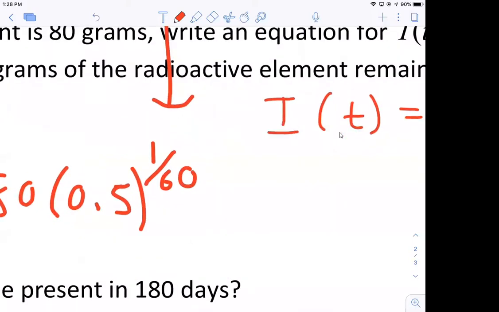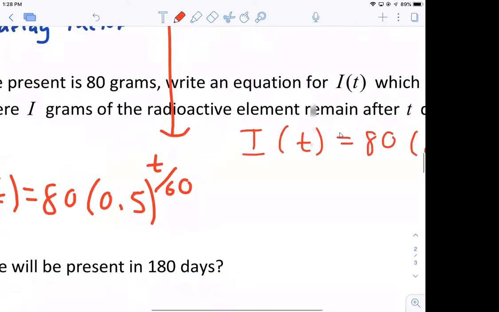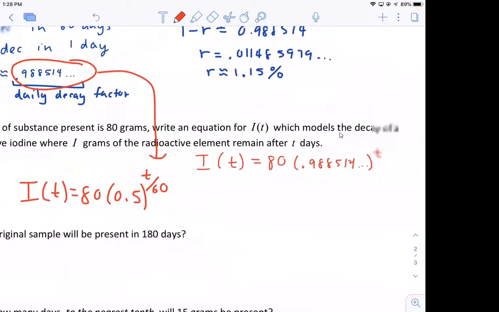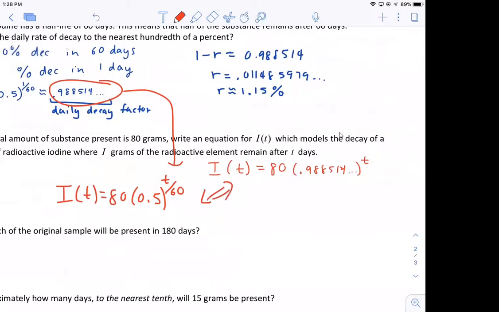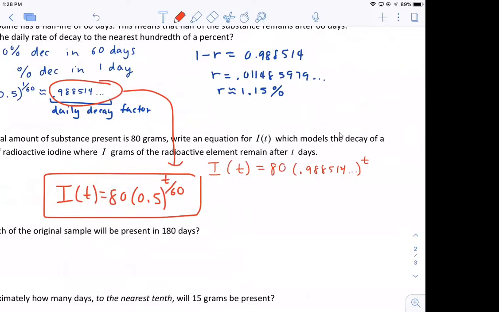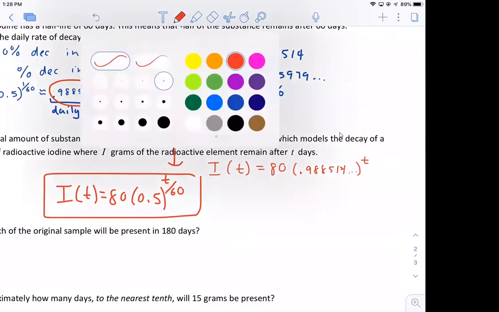So can I simply say 0.5 to the t/60? Right, these two are equivalent, but this is nicer. First of all, the equation's a lot simpler. You don't have so many decimals, and it's just a lot cleaner.